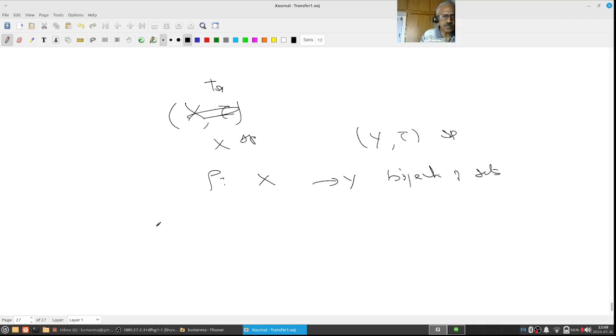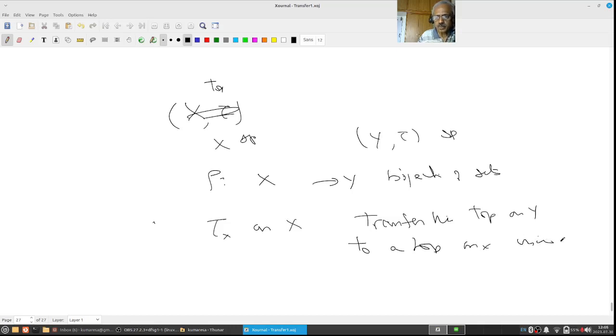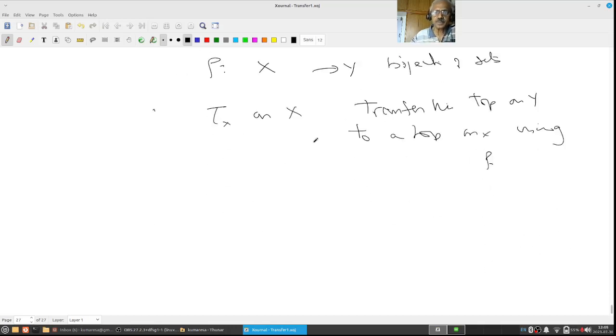Now I want to define a topology tau x on x, that is, transfer the topology on y to a topology on x using the bijection f. How do I do that? Start with a u.